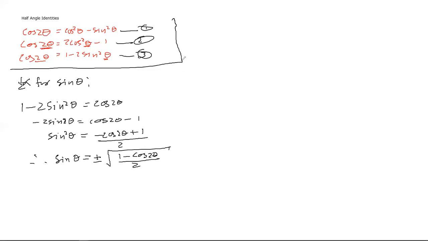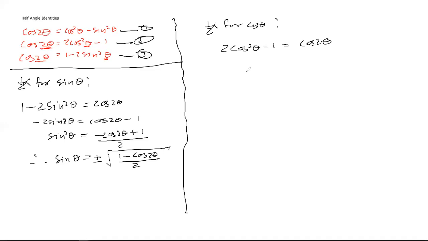And if you like, you can of course do the half angle for cos theta. Again, I'm going to use equation 2. In this case, 2 cos squared theta minus 1 is cos 2 theta. I want to keep cos theta on the left side, so I clean up the left side and divide by 2.